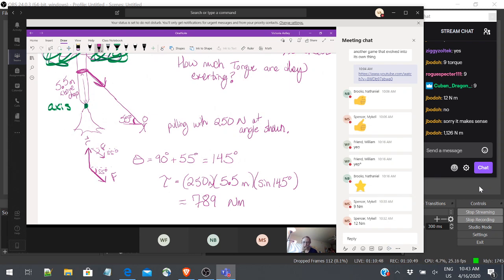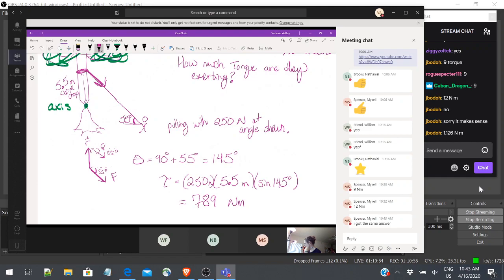Questions, comments, concerns? I want to do one more thing before we end for the day. Same answer, hooray. John, does this make sense why it's 145 degrees and not 55? 55 is the angle from the perpendicular, and you want the angle from the parallel.